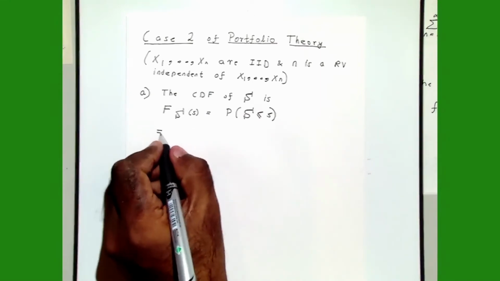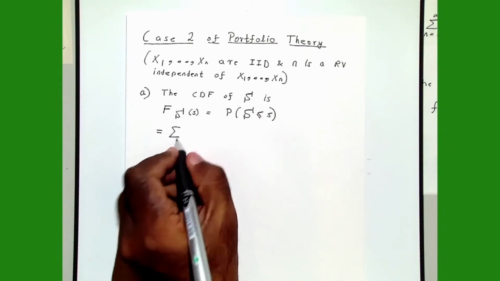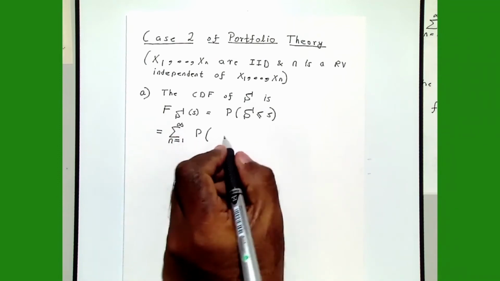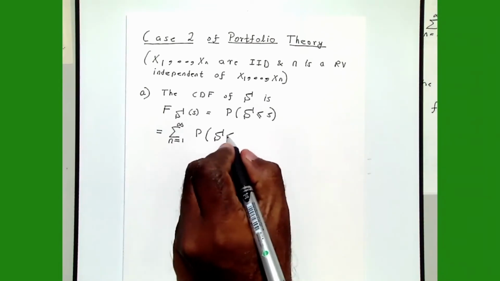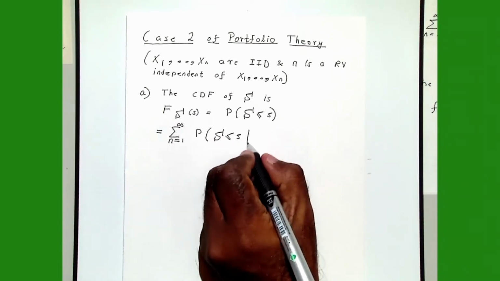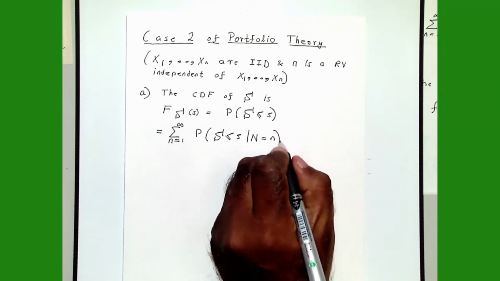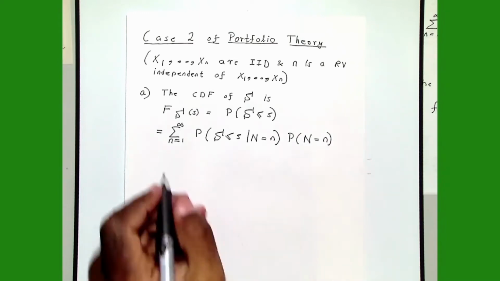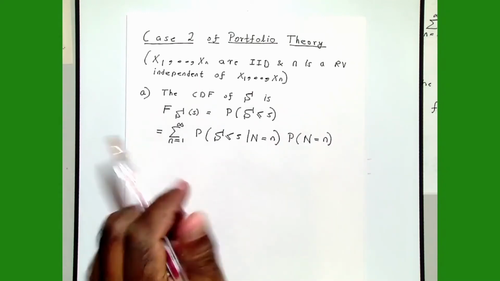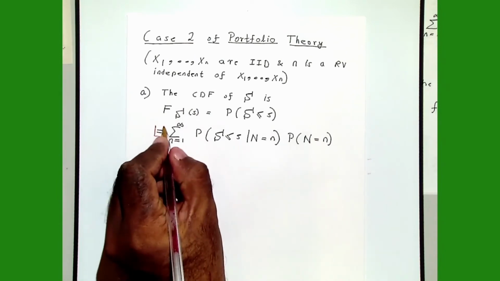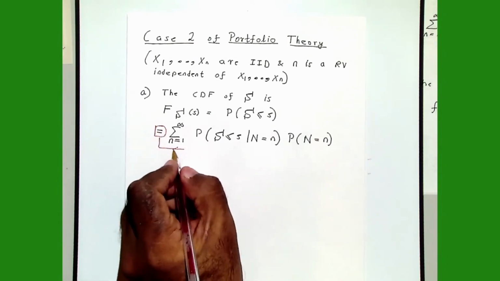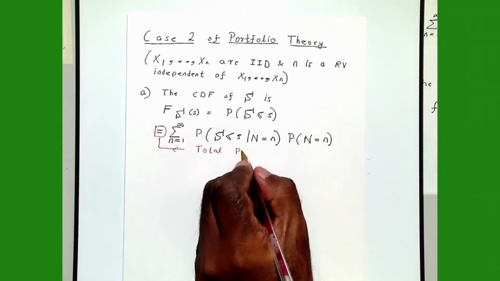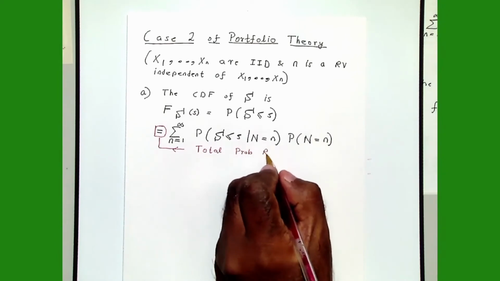Now in the next step I'm going to use a result you should be familiar with. This is because of what is known as the total probability rule.